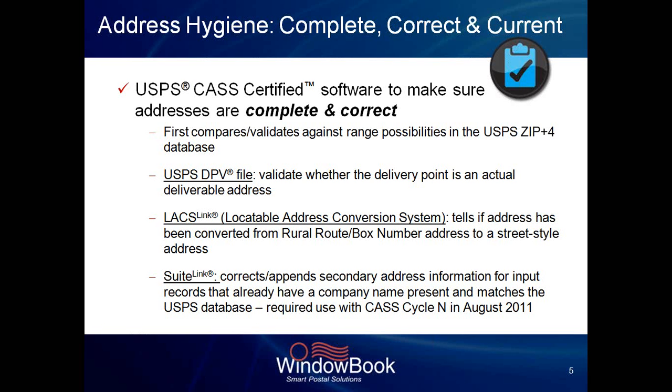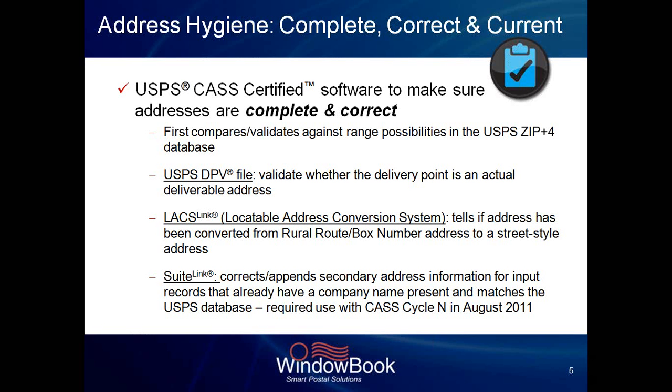You want to use Postal Service CASS certified software to make sure, first, your addresses are complete and correct. When using a CASS certified software product, what's first going to happen is that software is going to compare the input name, the input address against a range of possibilities in the Postal Service ZIP+4 database.